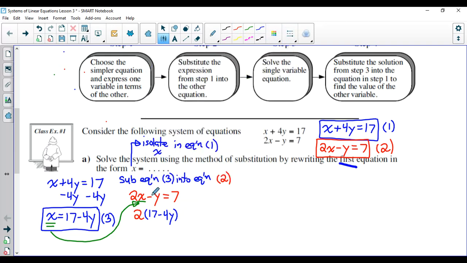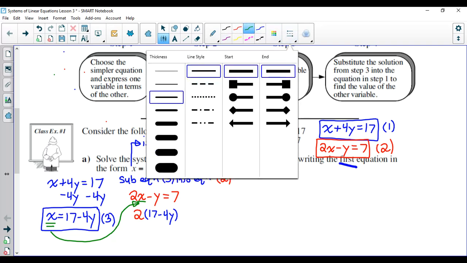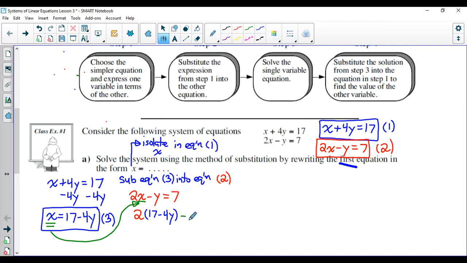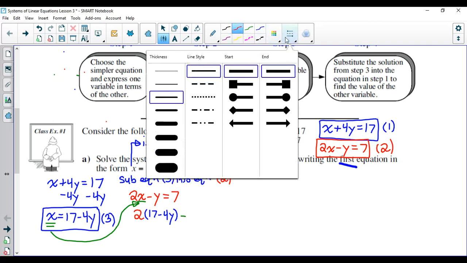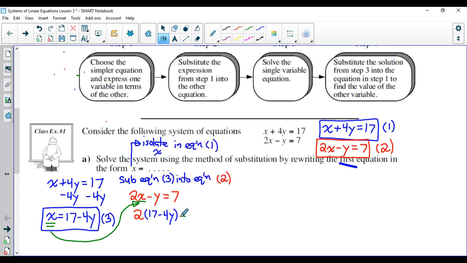So 2x minus y equals 7: 2 times x, where x is equal to 17 minus 4y, and then we subtract y, and that's equal to 7.